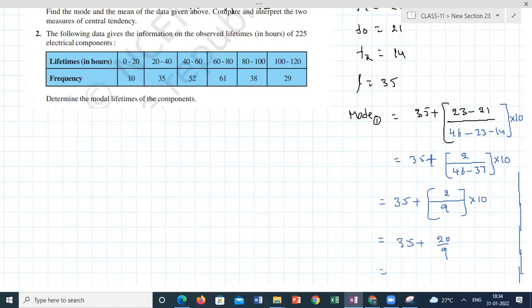Students, please respond to answer. Anyone got the answer?